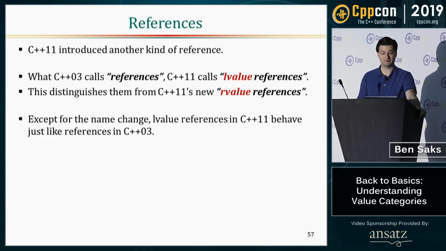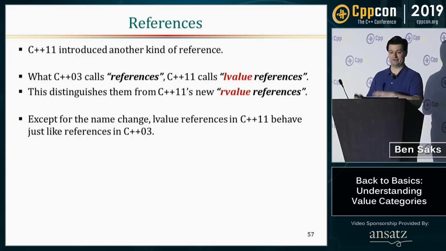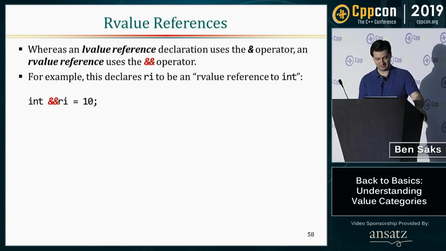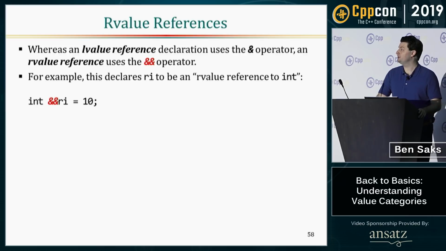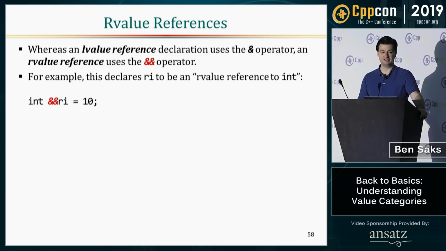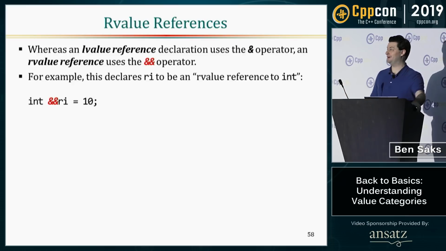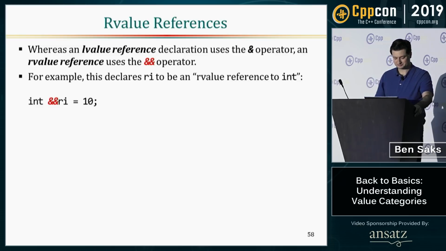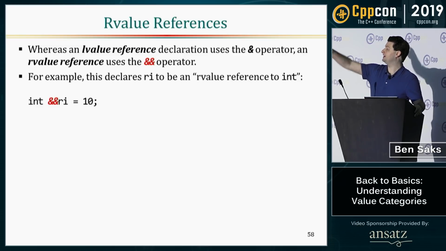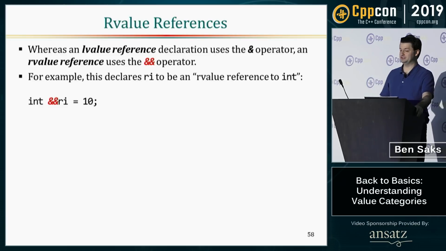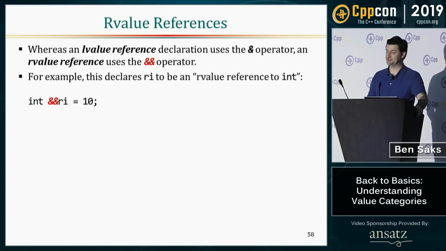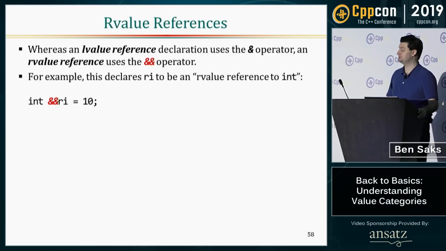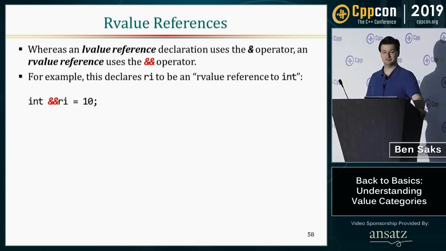So lvalue references behave the same way that references did before Rvalue references were introduced. Lvalue references are declared with a single ampersand operator. Rvalue references are declared with a double ampersand operator. So here, ri is an Rvalue reference to an int. Unsurprisingly, an Rvalue reference can bind to an Rvalue, like 10 there.